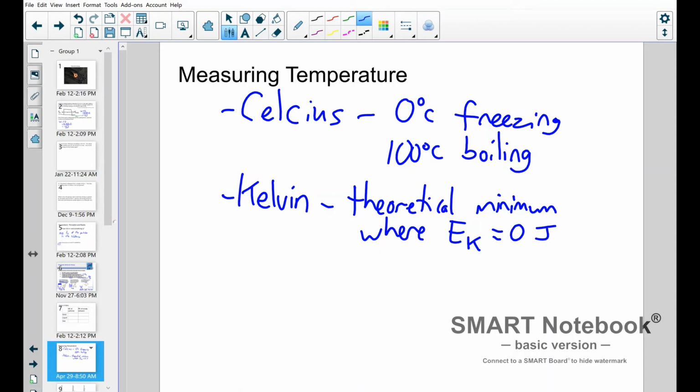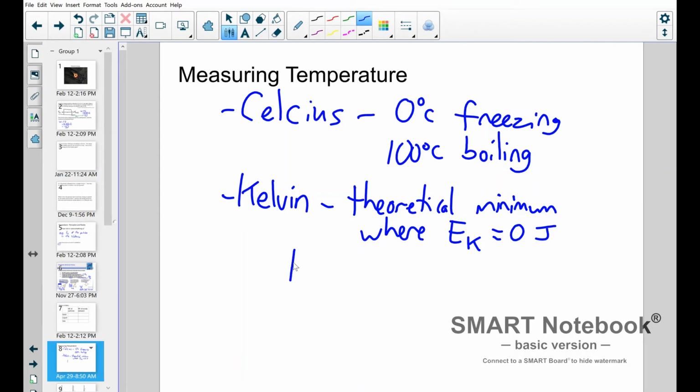Or if I think about it in terms of motion, where they're completely at rest. This is a theoretical minimum. We haven't found anywhere naturally that is closer to that than the background radiation of the universe at about 2.7 degrees Kelvin. There are labs on Earth which have gotten down to fractions of a degree Kelvin and looked at how matter behaves under those kinds of conditions.